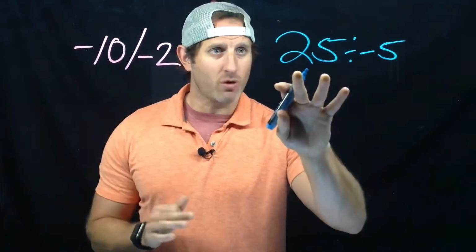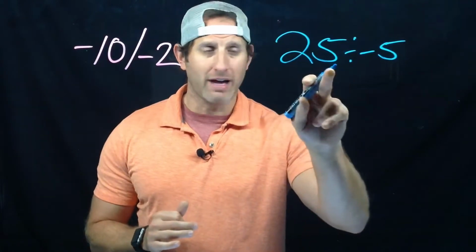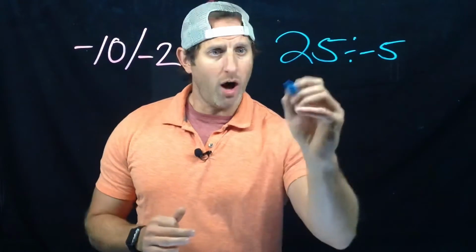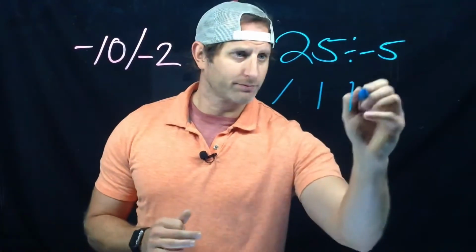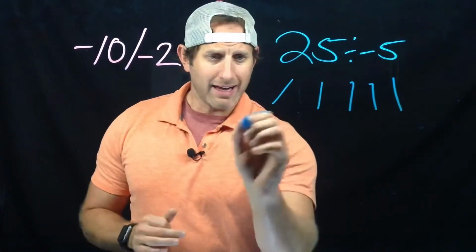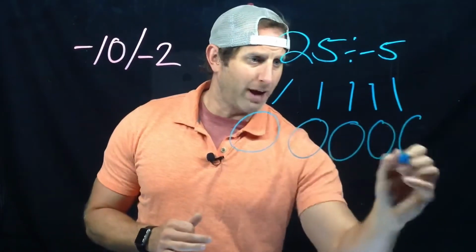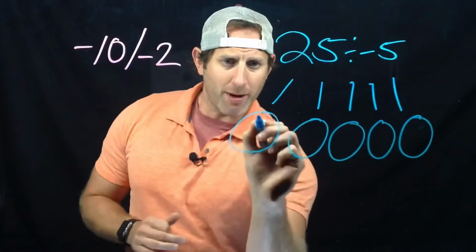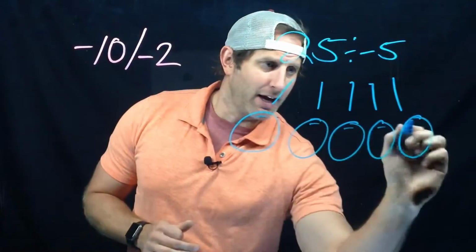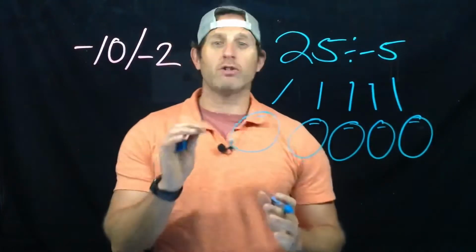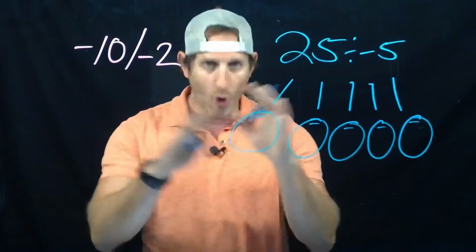So if I read this question, it says 25 split into negative 5 groups. So I'm going to draw that out. And here's a negative group, and a negative group, and a negative group, and a negative group, and a negative group. And I'm just going to remember that by putting a little negative sign in it. And what it means is that anything within that group is going to be negative. Okay, the whole group is negative.